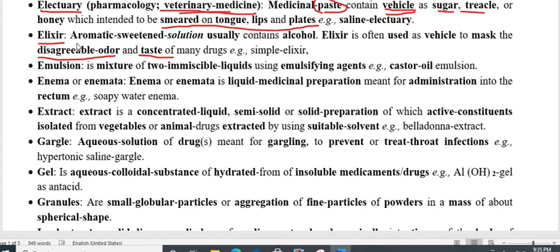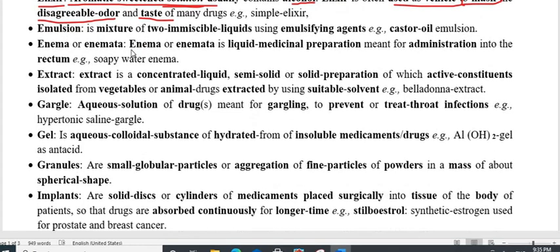So elixirs are usually solutions of aromatic compounds, aromatic sweetened solutions that contain alcohol and are used as a vehicle to mask the unwanted odor and taste of the drug, is called elixir. The example is simple elixir.